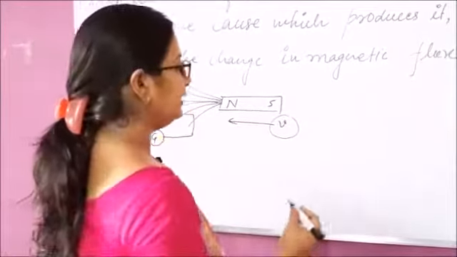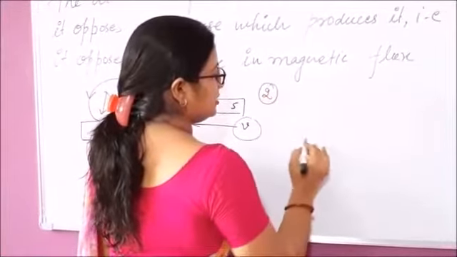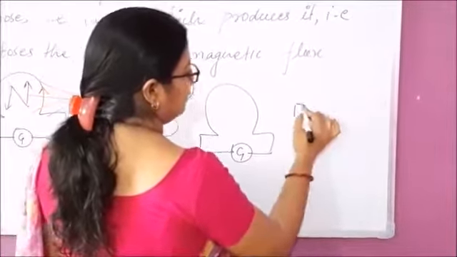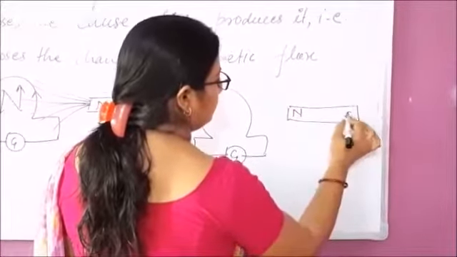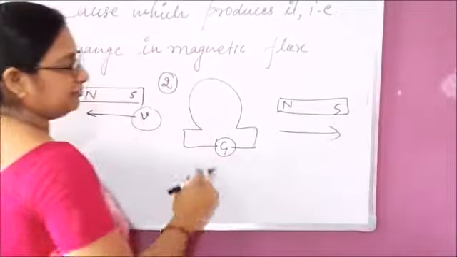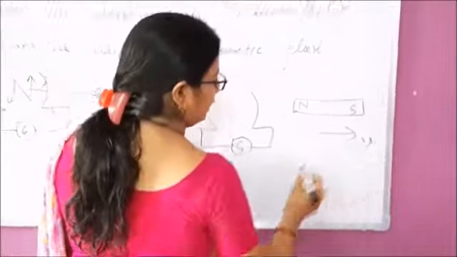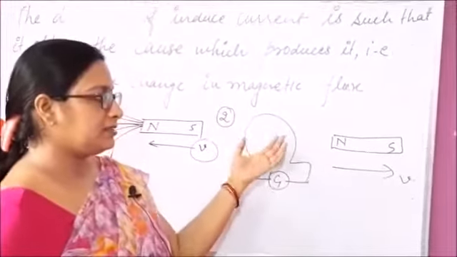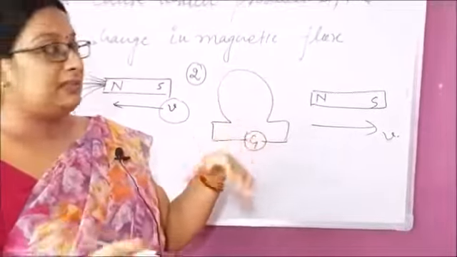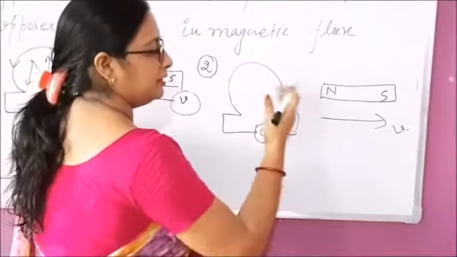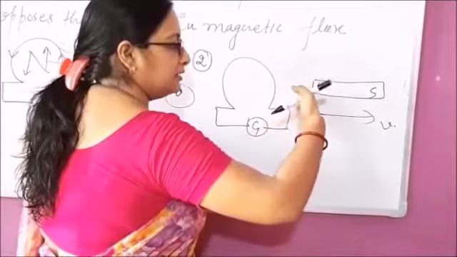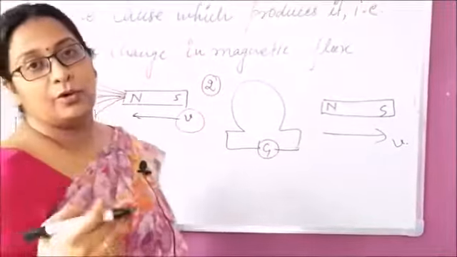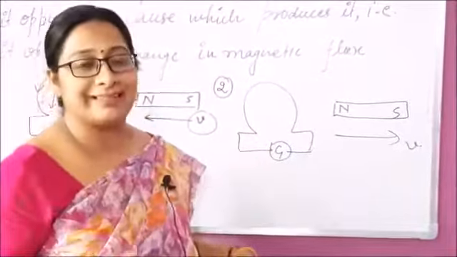Okay, again in the second situation, we have a coil, and in this situation the north pole of the magnet is going away from this coil with some velocity. So the major cause of induced current is decrease in flux. Whenever the magnet is going away from this coil, the value of flux linked with this coil goes on decreasing.